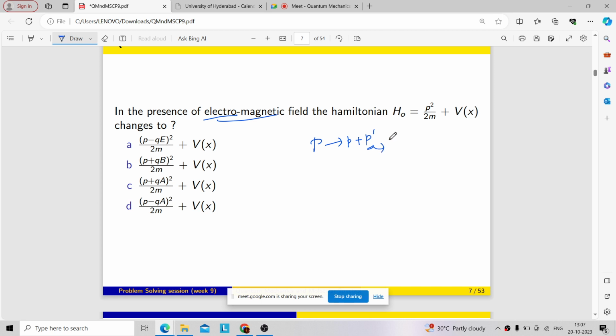So this p in the presence of electromagnetic field will take the form p minus qA. So this p will change to p minus qA. Okay, so in that case D will be the right answer.